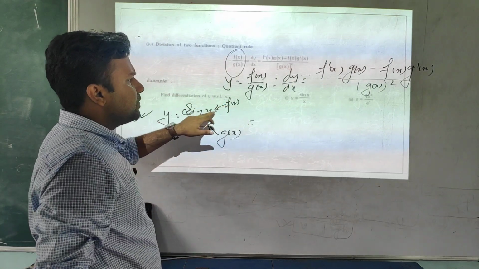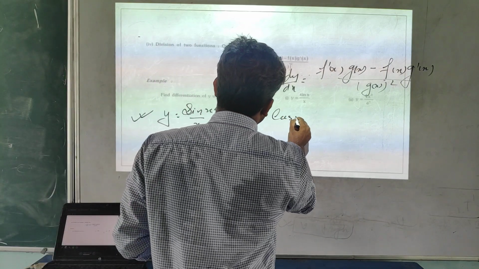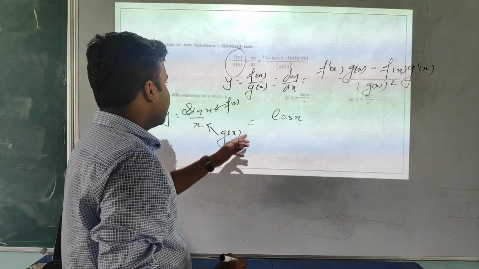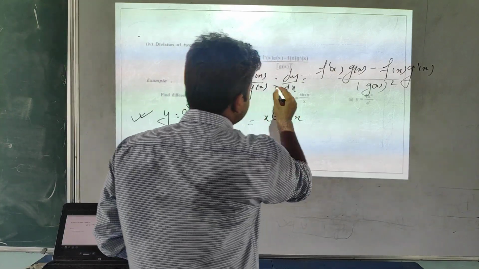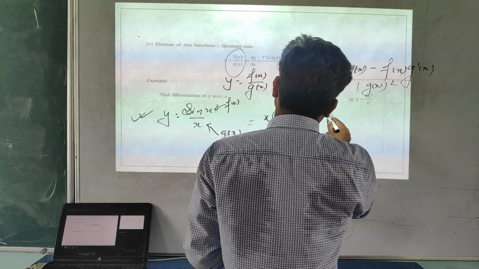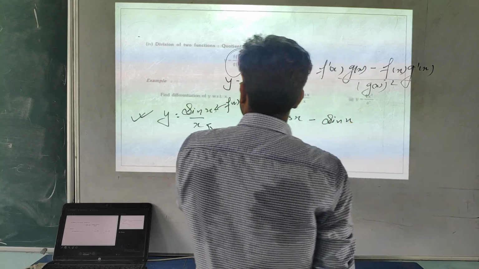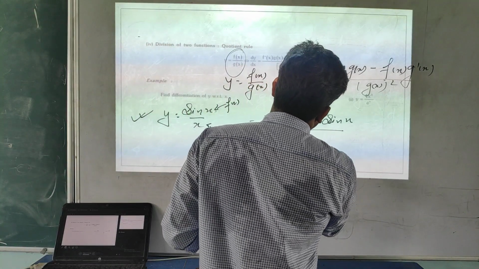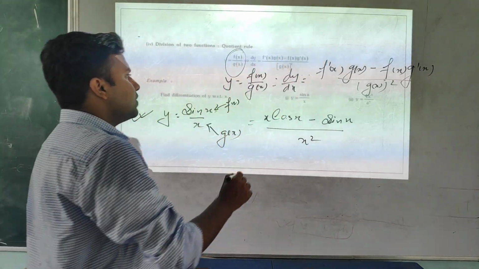The differentiation of f of x is cos x. Is it or not? It's cos x. Cos x into x, so directly we write x, minus sin x into the differentiation of x, which is 1. So just leave it, and here you will add x square. This is the differentiation of this one.